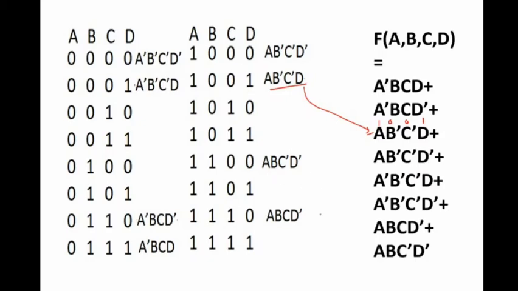And we have the equation A bar, B bar, C bar, D bar. All these terms are inverted. This is the first equation, all having 0 values: 0, 0, 0, 0.